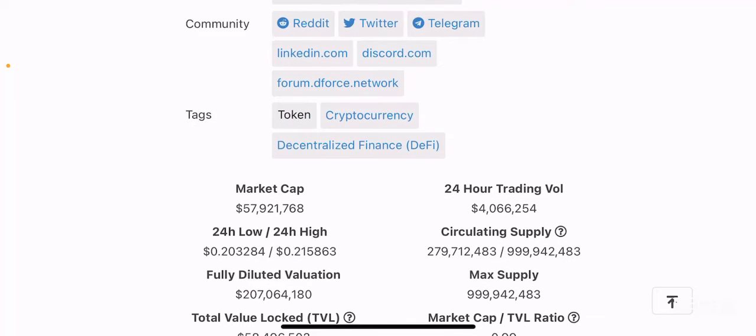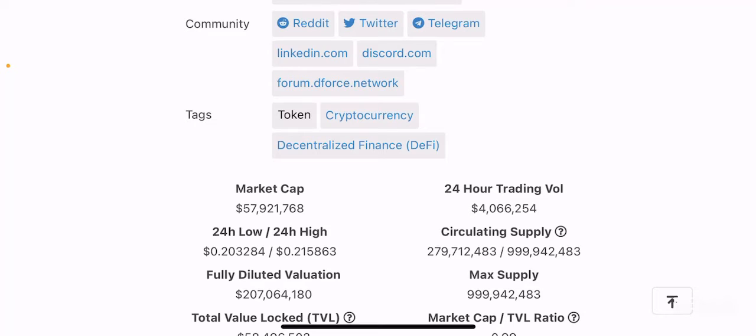Again, I'm not going to call this project something that has groundbreaking technology or some kind of groundbreaking innovation, but it is a platform that has a sort of DeFi aggregator appearance to it, which aims to integrate platforms like Compound Finance, lending, borrowing, staking, earning, and everything in one single place.